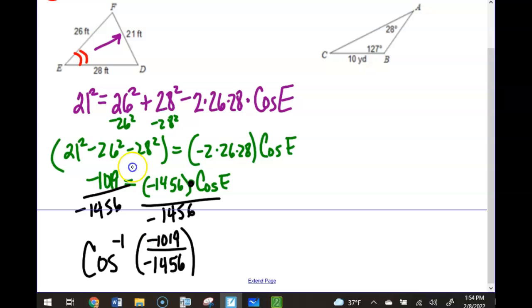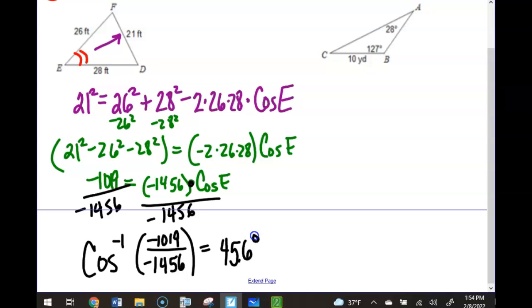You certainly could have typed some stuff so that you could make that shorter, but second cosine of 1019 divided by 1456. Either put both negatives in or neither negative, but I got 45.6 degrees. Anybody?